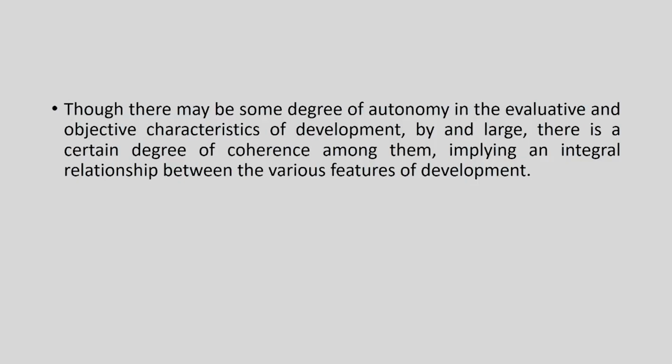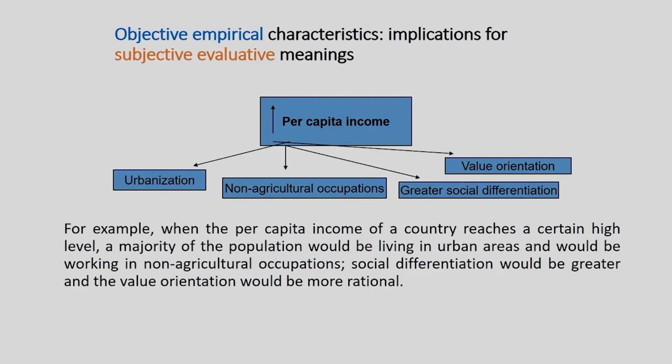Though there may be some degree of autonomy in the subjective evaluative characteristics of development on the one hand and objective empirical characteristics of development on the other, by and large what we generally find is that there is a certain degree of coherence among them, implying an integral relationship between the various features of development.